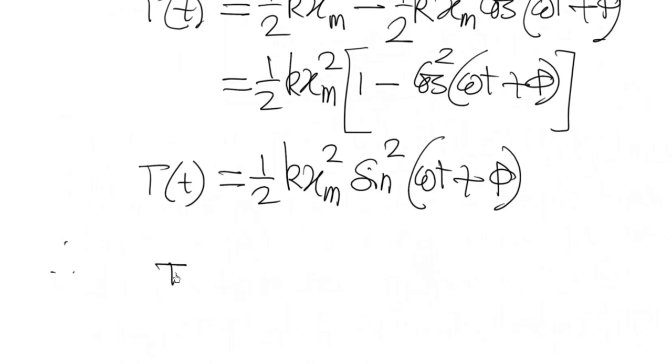Therefore we have T equal to this, and U of t is 1/2 k xm square cos square.